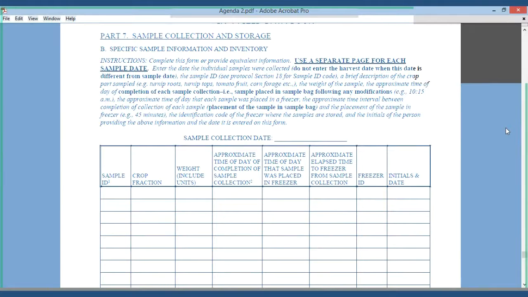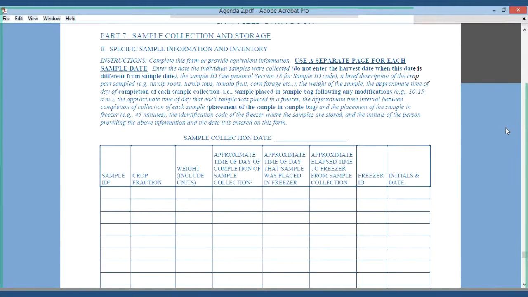And this is a log to inventory the samples, the sample identification. That should correspond with the protocol. The crop fraction, that could be fruit, it could be leaves, it could be roots.